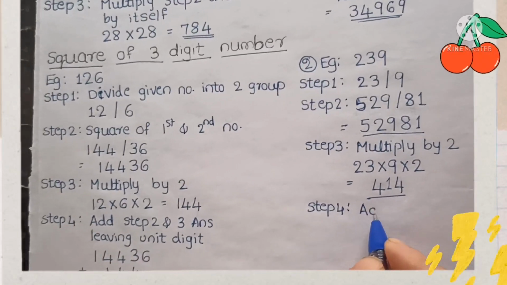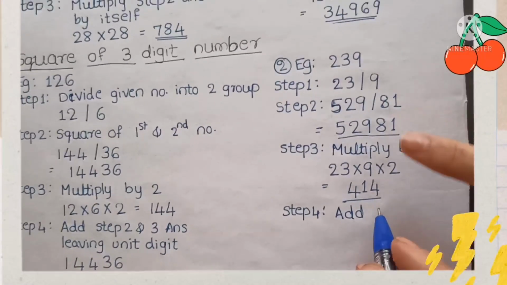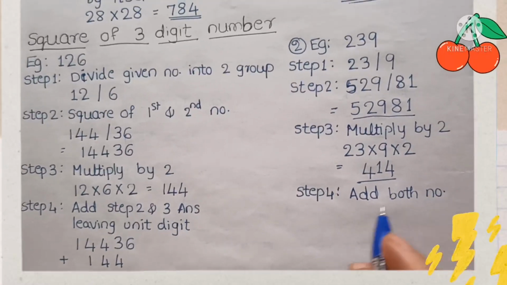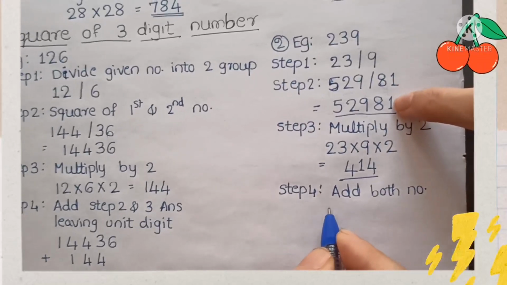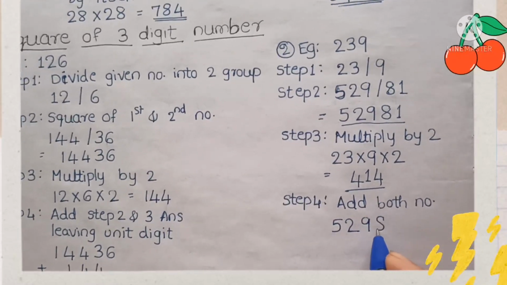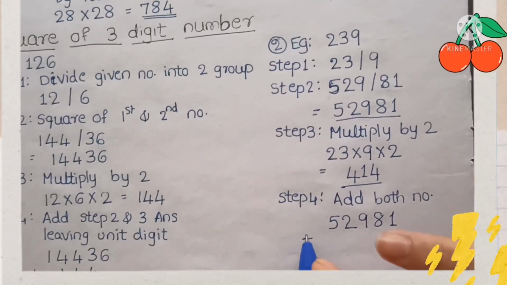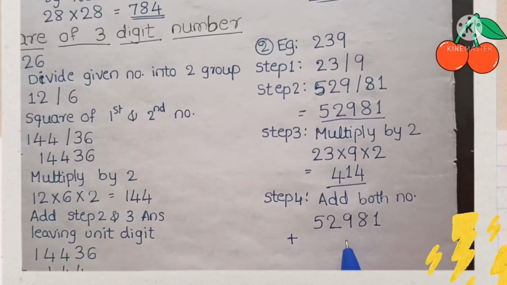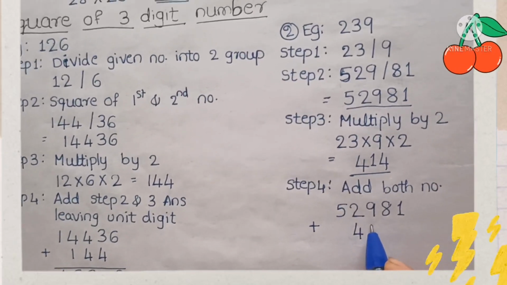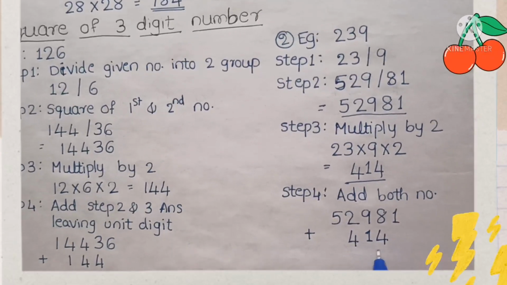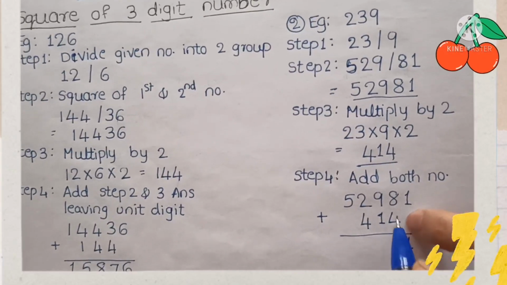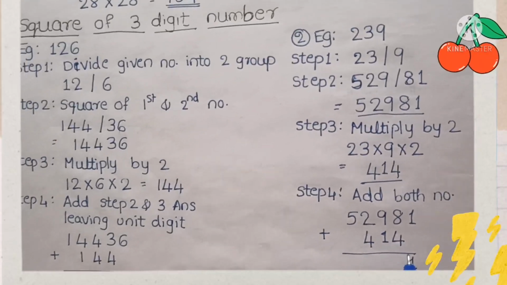To find the final answer, we have to add this number and this number, but while adding we have to leave the unit digit. So we add in this way: 52981 plus 414, leaving the unit digit. So you can cross this number.